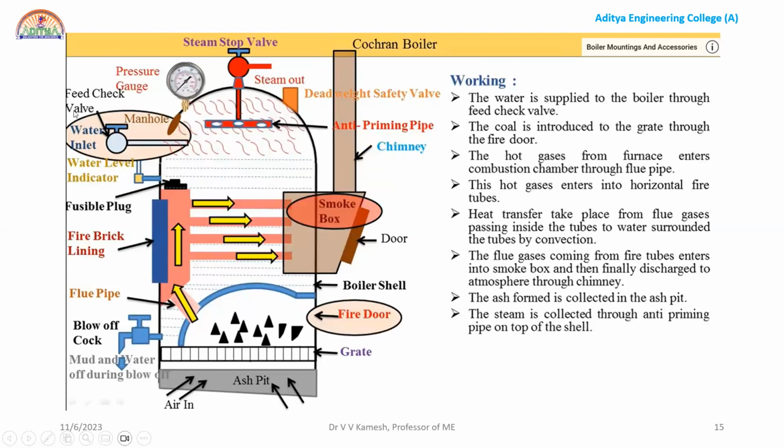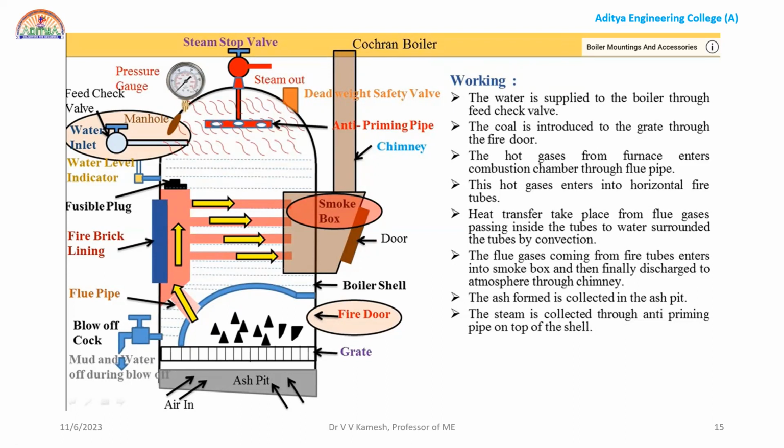So first we need to confirm that the water passage is getting ready, and then the water will go inlet, and the coal is introduced to the grate through the fire door. So at the top side, we are making the water enter the shell, and from the bottom right side, we will open the fire door and make the coal enter into the grate.